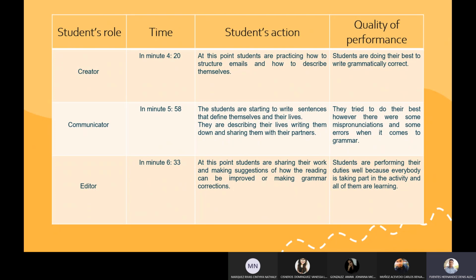That's why I realized that they are playing the role of editor. How did they perform? Well, they performed well. They were doing their best, taking part in the activity, and everybody was learning.